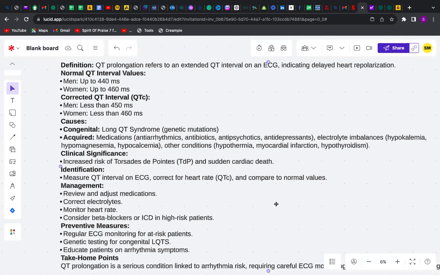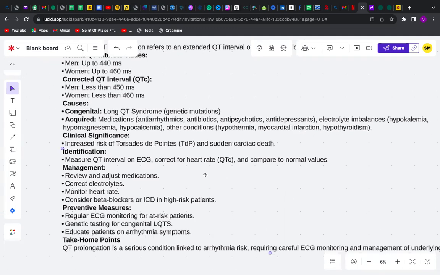Okay. So what we normally do in management of such patients is to review their history and then adjust the medications. Like in the case of this patient who was on the fluoroquinolones, we just have to stop the fluoroquinolones, correct all electrolytes if there is any, and then monitor the heart rate as well. Consider beta blockers or ICD in high risk patients.